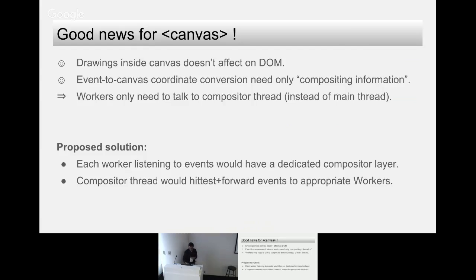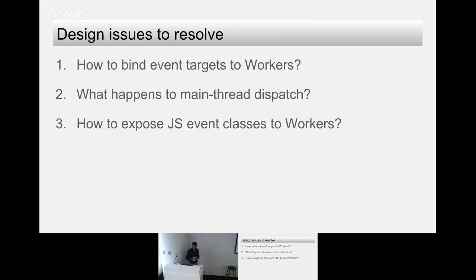We need to address a few issues around that: how to bind event targets to workers, which is an easier question to solve; what happens to the main thread dispatch, which I'll go through; and third, how to expose the JavaScript event classes to the workers.